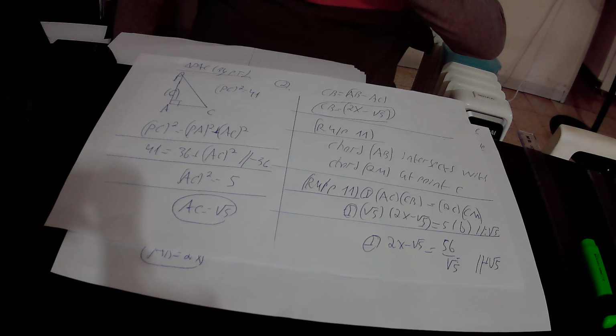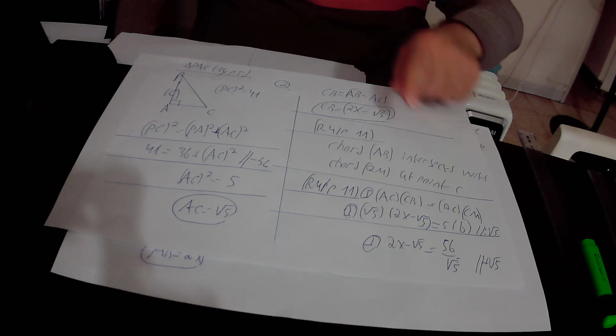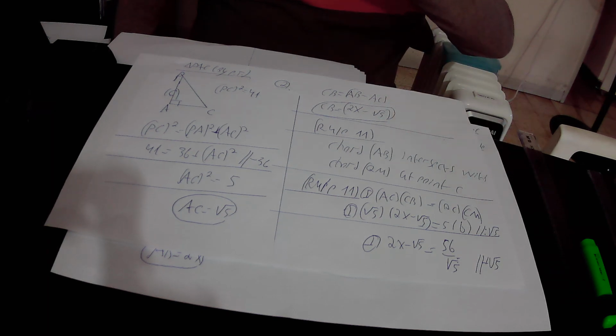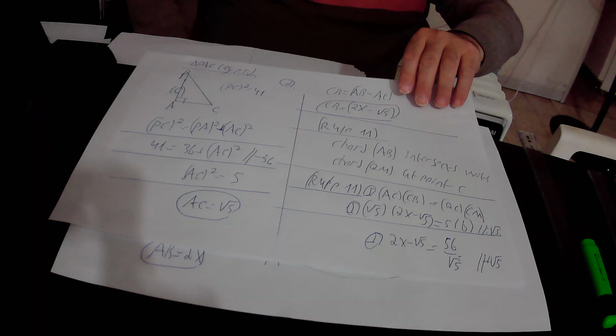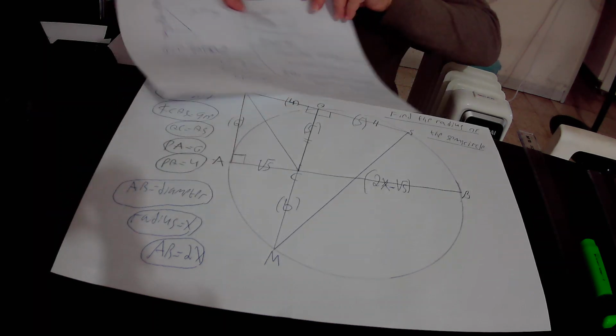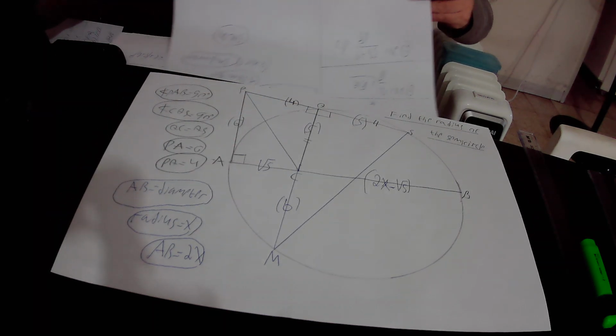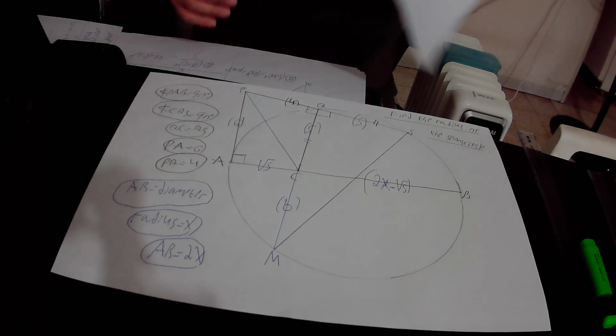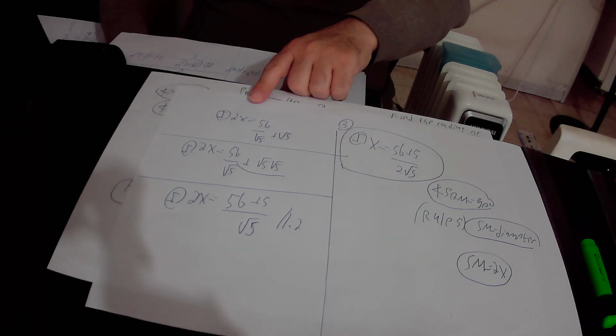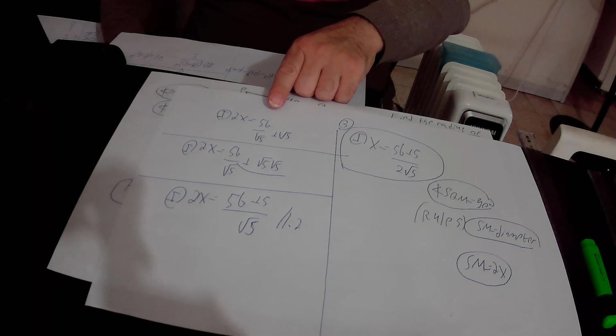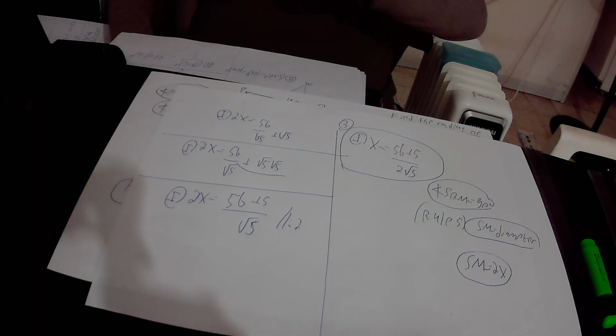Then we added square root of 5 to get 2x equals 5b over square root of 5 plus square root of 5.